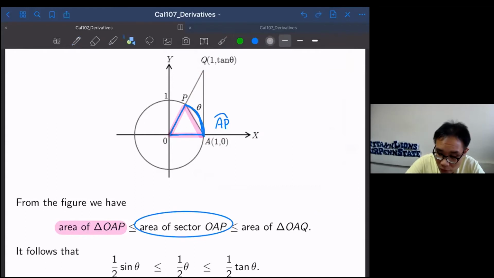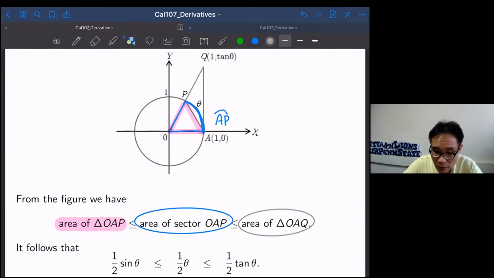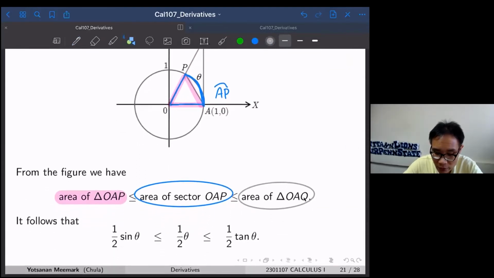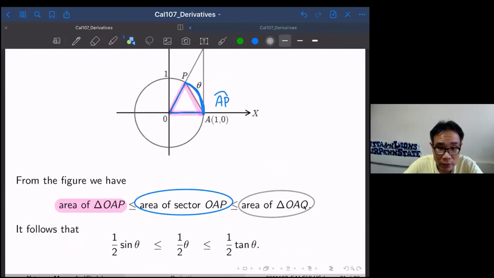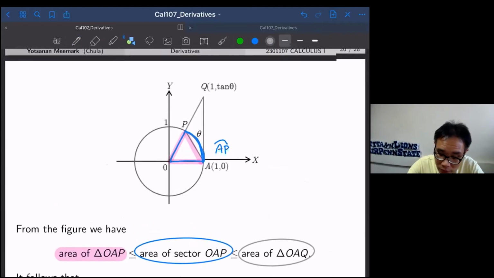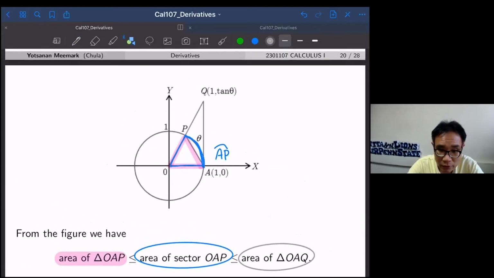For computing the area of the triangle OAP, P here has coordinates.